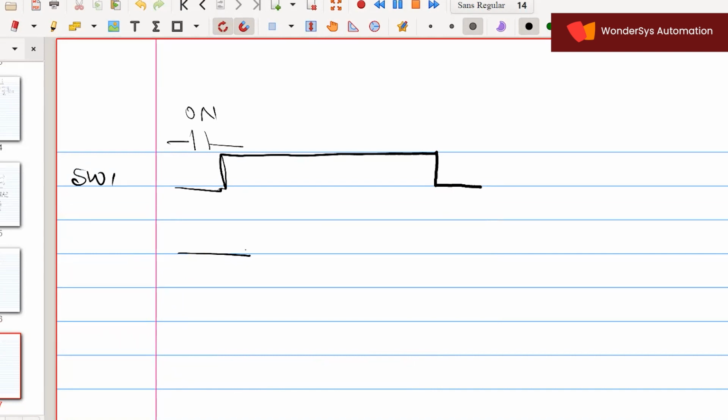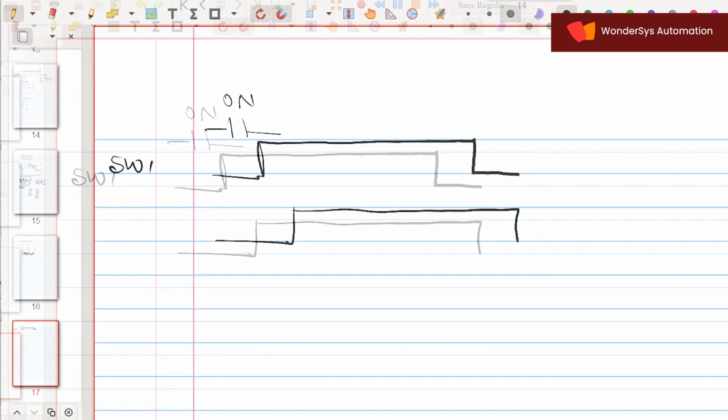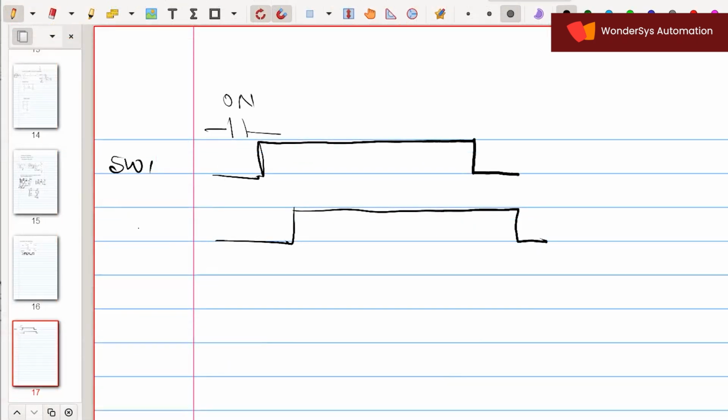Now the output will get on for this particular period; this is my output. Can you see this output is getting on completely? Whenever the switch is on, it is considering the whole period, because the output needs the particular region to get on, the complete high state.